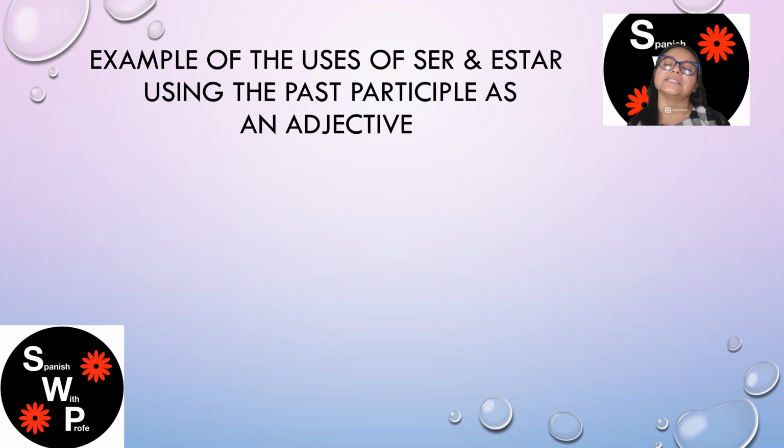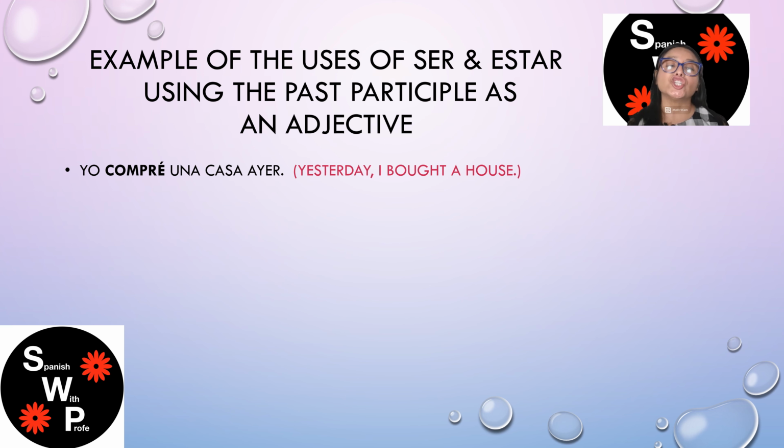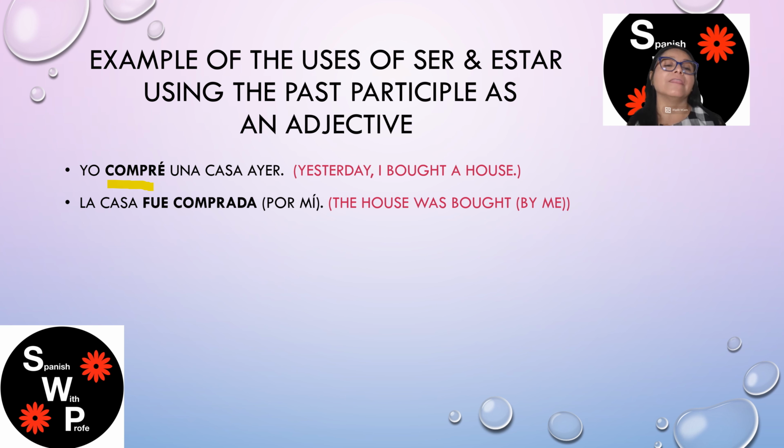And now we're going to see some examples of ser and estar using the past participle as an adjective, okay? Yo compré una casa ayer. This is an active voice, and the English translation is here in red, as you can see it. The passive voice, la voz pasiva utilizando ser, es la casa fue comprada, and you can omit por mí, it's not important.